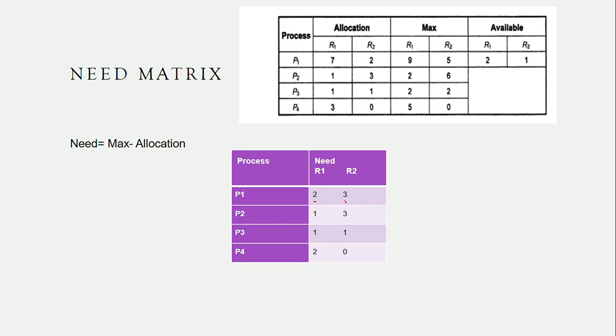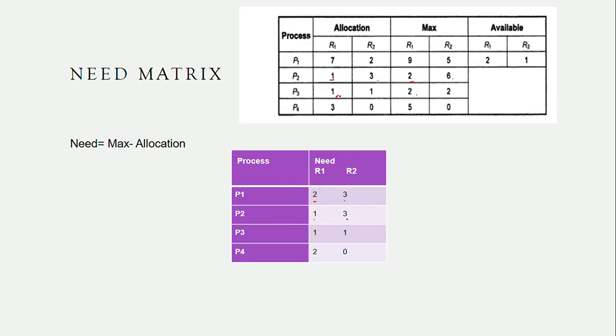Similarly, for P2 the max is 2, 6 and the allocation is 1, 3. So 2 minus 1 is 1, 6 minus 3 is 3. So that is the need for P2. Then again for P3, max minus allocation. The max requirement is 2, 2 and the allocation is 1, 1.